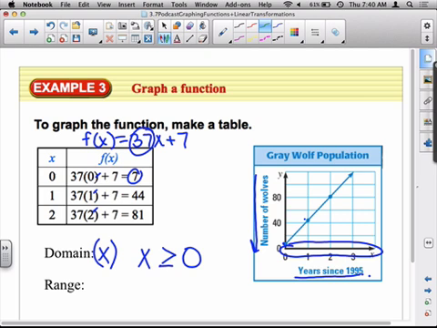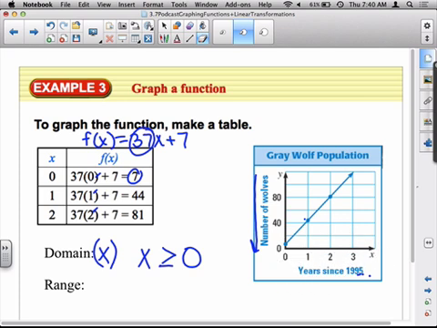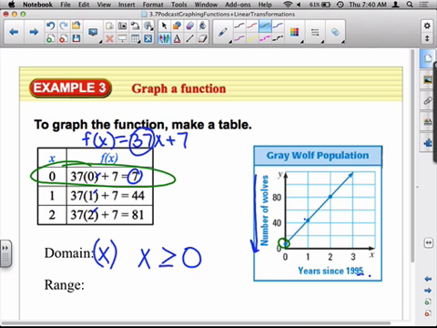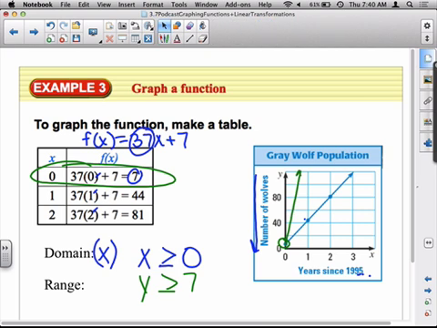My y values do not start at 0 because this point is not 0 for my y values. My first y value that is listed, when I plugged in 0, I got 7. So this point is 7. So y is greater than or equal to 7 because it keeps increasing from that point on.